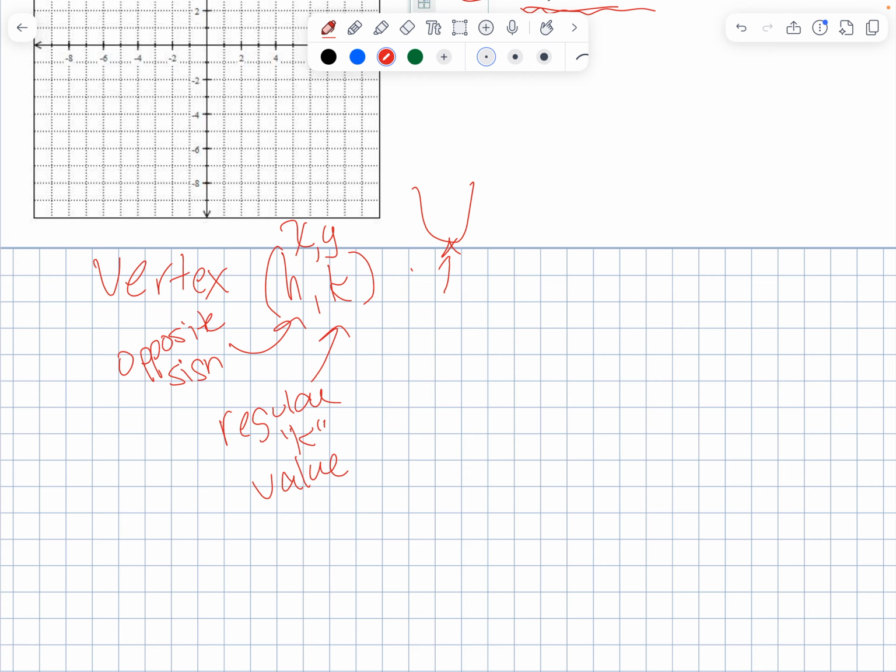So perhaps it's a minimum on this particular parabola because it faces up. So our equation is y equals (x plus 1) squared plus 4. Equation of a quadratic written in HK format looks like this: a(x minus h) squared plus k.